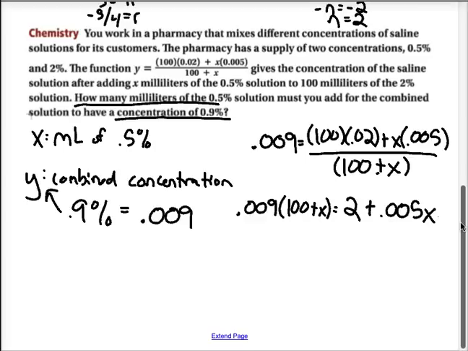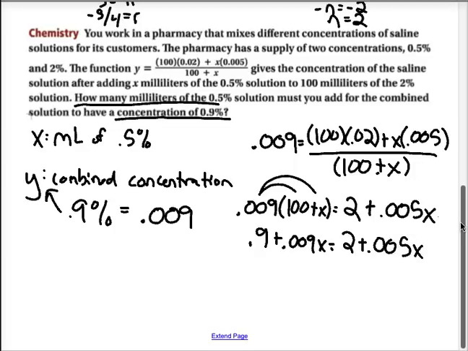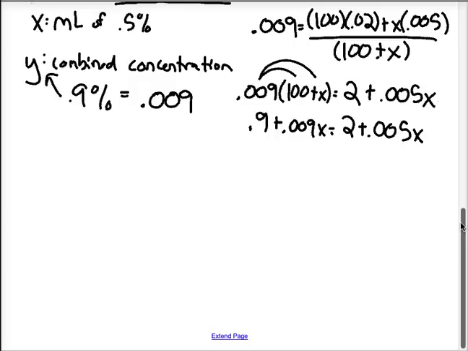All right. Now I'm going to distribute that 0.009. So 0.009 times 100 is 0.9, and then 0.009x equals 2 plus 0.005x. All right, so now while we're dealing with some small numbers, again, it's doable.